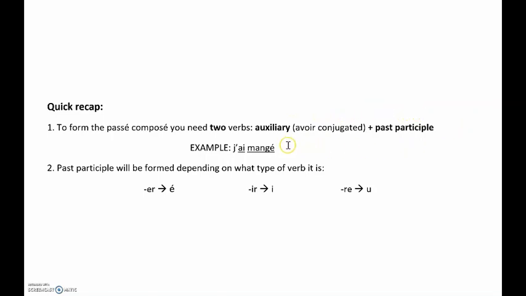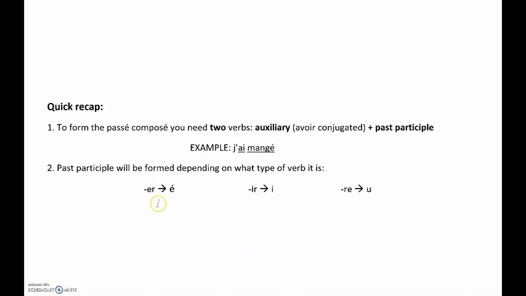So a very basic example, we've got j'ai mangé. Once again, I have underlined here that I've got my auxiliary verb conjugated, that's avoir, and then my past participle as well. You always, always, always need to make sure that you have two verbs when you're dealing with the passé composé. And then down here, the past participle will be formed depending on the type of verb that it is.